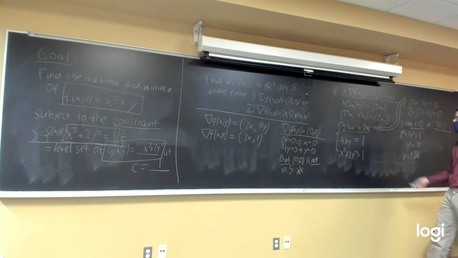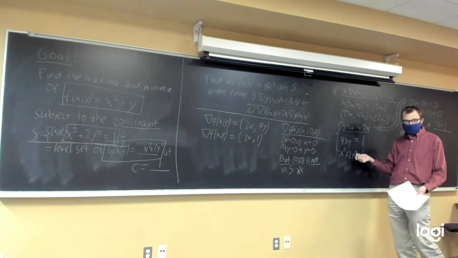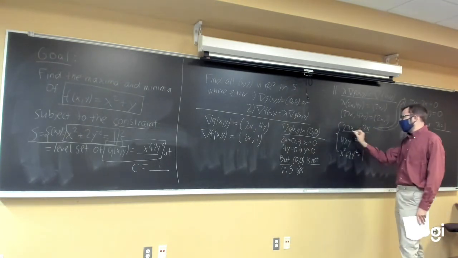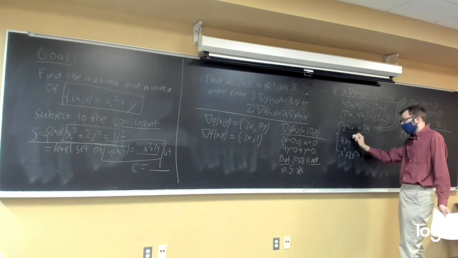Then we can solve for what lambda would have to be using the middle equation. But it turns out we don't really care what lambda is as long as it's consistent. Lambda could be anything in the top equation, and if x is 0, this will still be true.